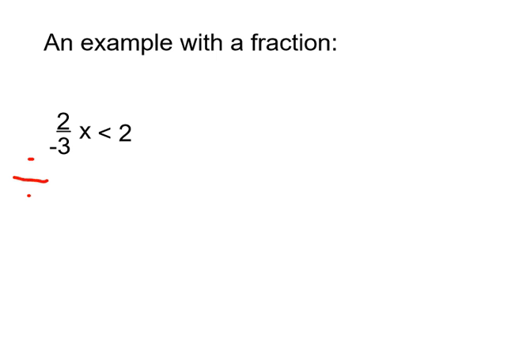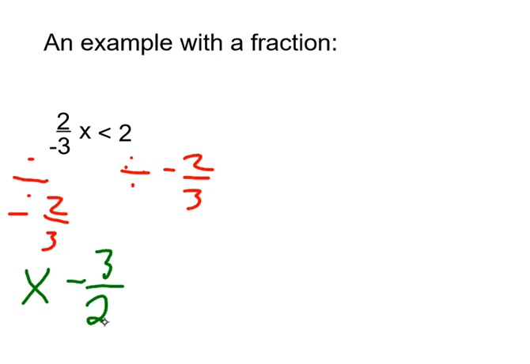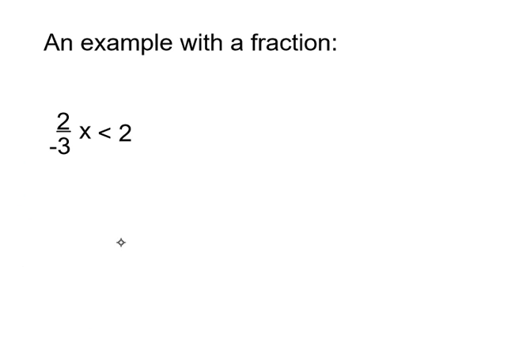I'm going to divide the left, and I'm going to divide the right by negative 2/3. Remember, when I divide by a fraction, all that really means is that I'm multiplying by the reciprocal. So that's all I actually am doing. And just keep in mind that dividing by negative 2/3 means multiplying by the reciprocal.